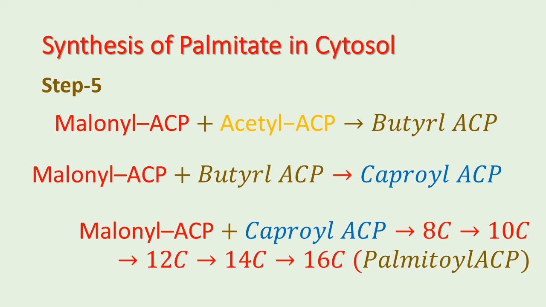The 8-carbon fatty acid again reacts with malonyl ACP, resulting in the production of 10-carbon and then 12, 14 and finally the 16-carbon palmityl ACP. So this is how 16-carbon palmityl or palmitic acid is produced through the combination of acetyl ACP and malonyl ACP at the starting point.